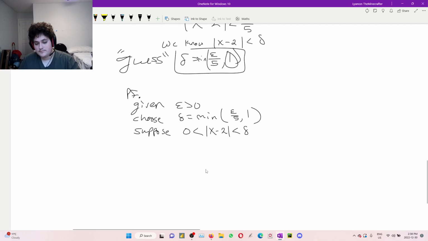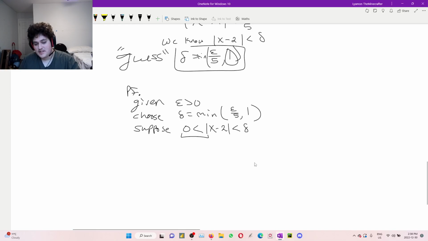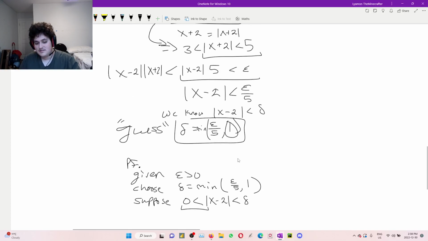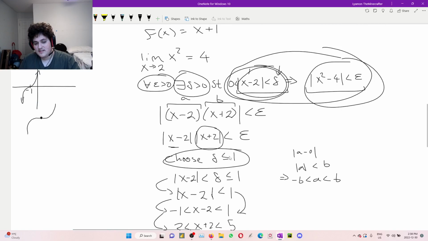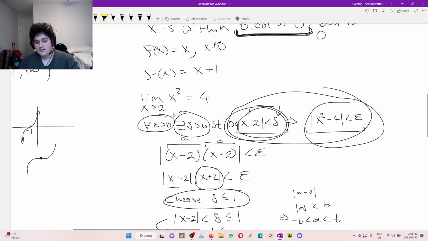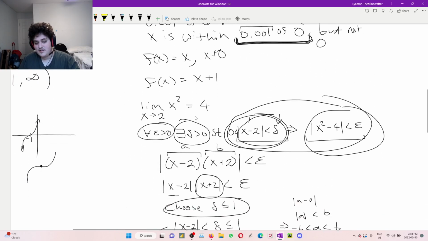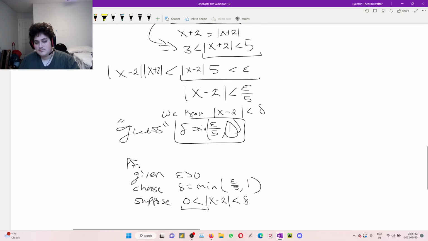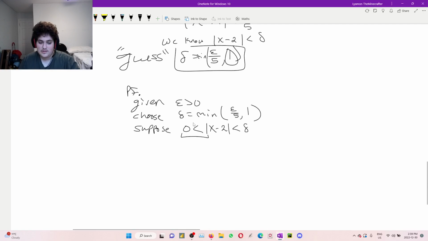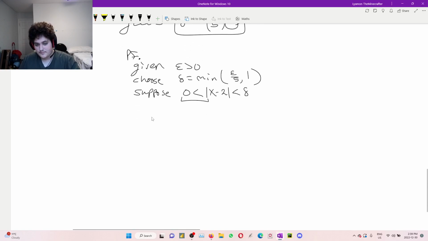Now, in this case, this is kind of redundant because if the distance is 0 between x and 2, then you're just going to have 4 equals 4. So for all epsilon greater than 0, that's going to be fine. But whatever, we can leave it for now. But this is the main part we're concerned with.